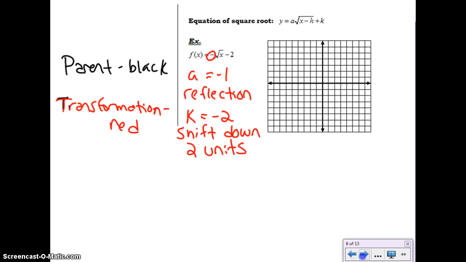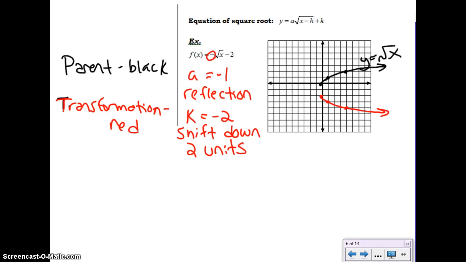There we go. Let's go ahead and draw it, and if you'd like to pause the video here and try it on your own, go ahead and do that, and then you can check in a moment. All right, so what you'll notice is in black is the parent function. This is just y equals square root of x. In order to draw the transformed function, I had to move every point down 2 and then also reflect it, so it's now upside down.